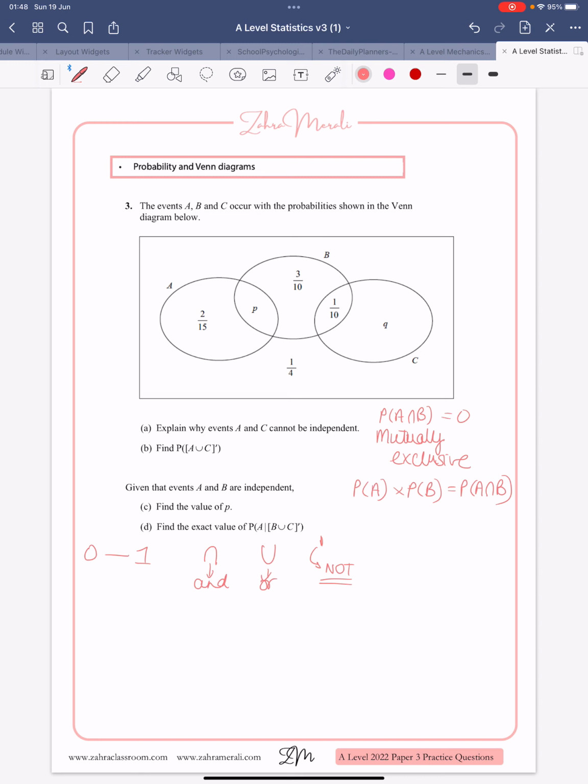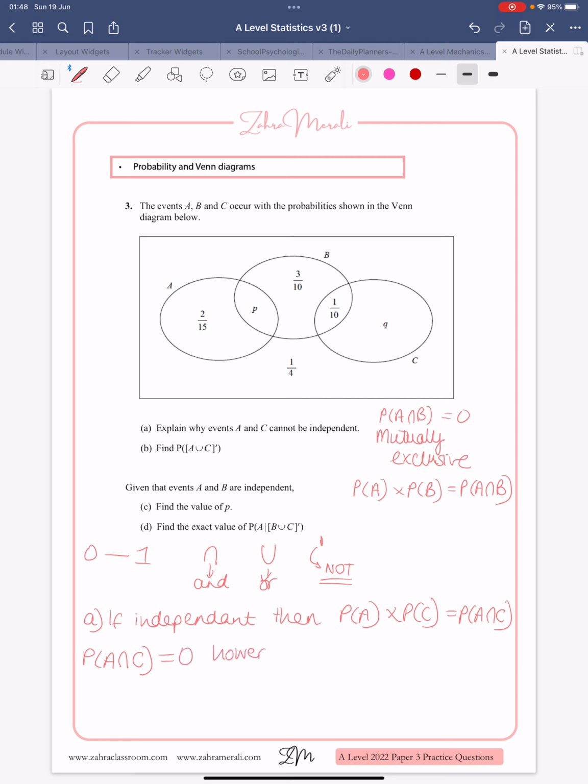So now if we have a look at part A, we're going to say, well, if A and C are independent, then the probability of A times the probability of C would equal the probability of A and C. We can see that A and C don't intersect, so that equals 0.